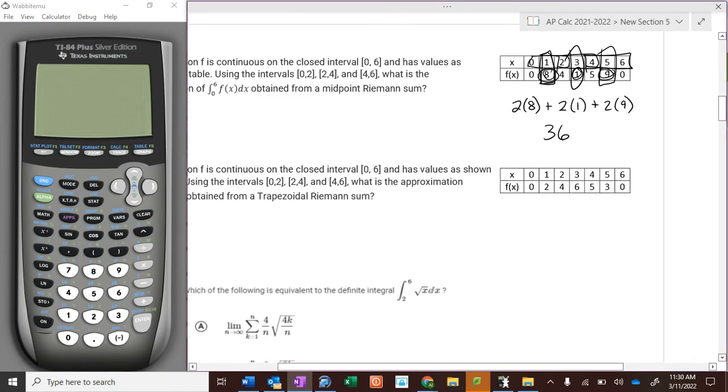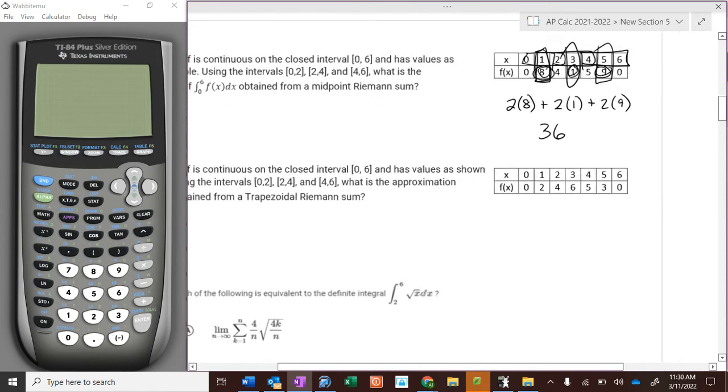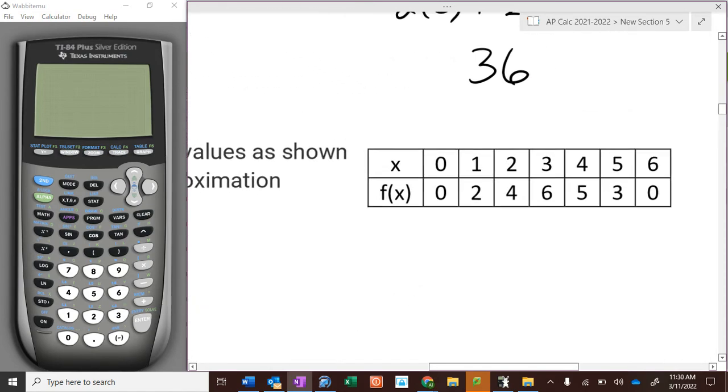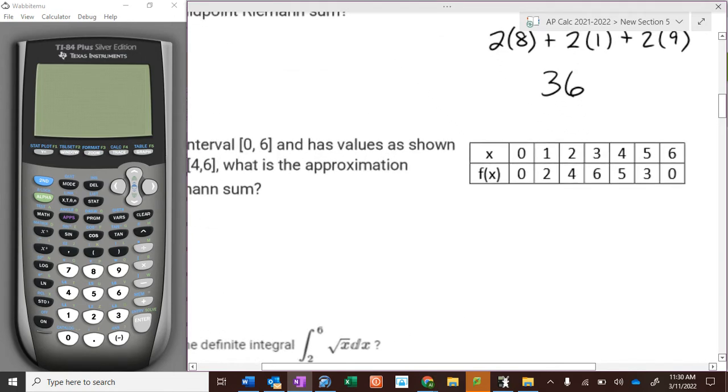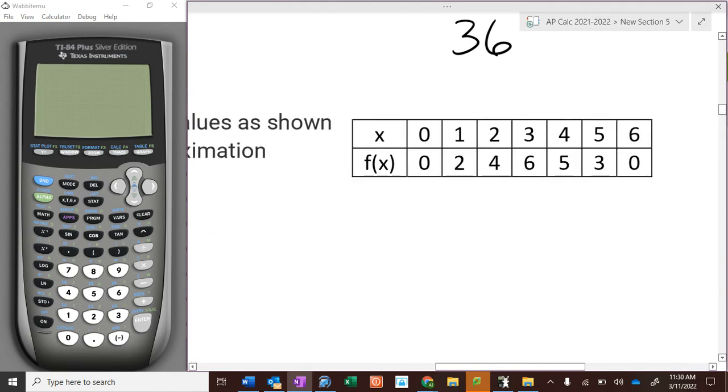Oh, look, a trapezoidal Riemann sum. Oh, wow. And it's using 0 to 2, 2 to 4, and 4 to 6 again. Okay? So the width, okay, so you go 1/2.